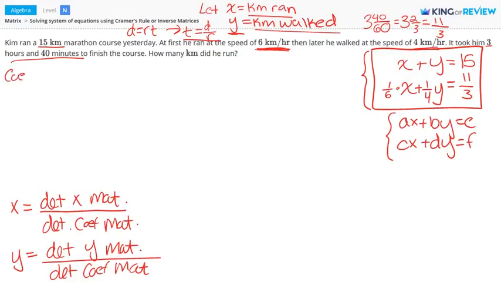Well, we have a coefficient matrix, and the entries in this matrix are going to be the coefficients of the x and y terms.